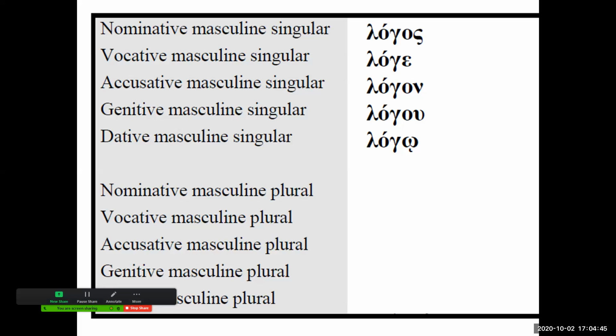So if someone is perhaps called Word, or I might even put the word "oh" in front: Oh, Word. If I'm addressing this person called Word, then I would use the form loge, singular, which shows a direct address.